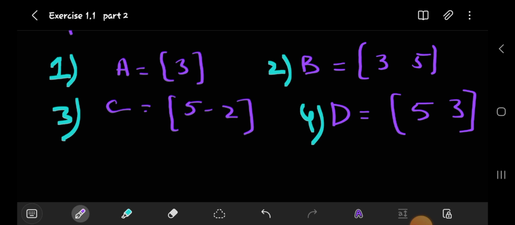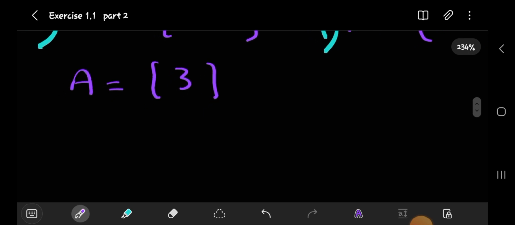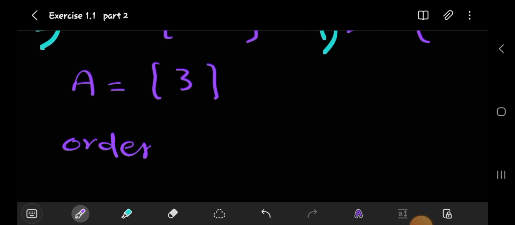Which one of them are equal? If we check matrix A, we have 3 and its order is 1 by 1, because it has one row and one column. Order is 1 by 1.